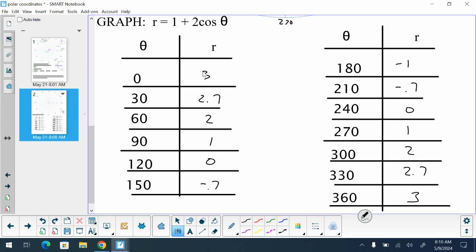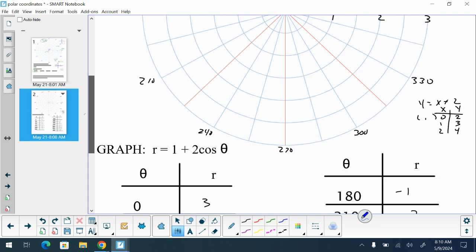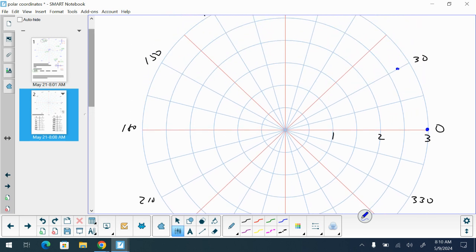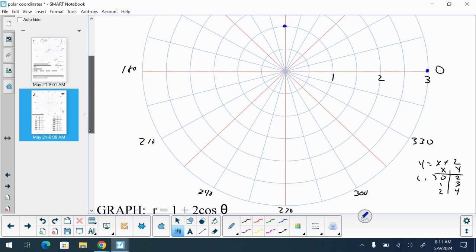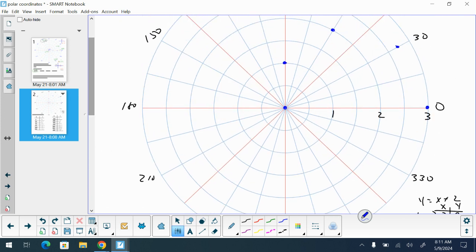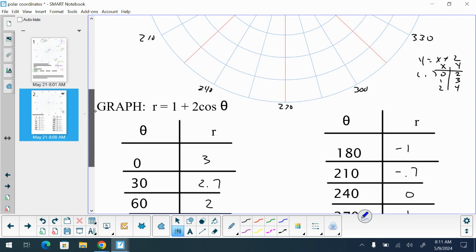All right, so we go to our graph here. At the value of 0, we're at a value of 3. At a value of 30, we are at 2.7. At 60, we are at a value of 2. At 90, we are at a value of 1. At 120, we are at 0, so we're at the pole. At 150, we're at -0.7.